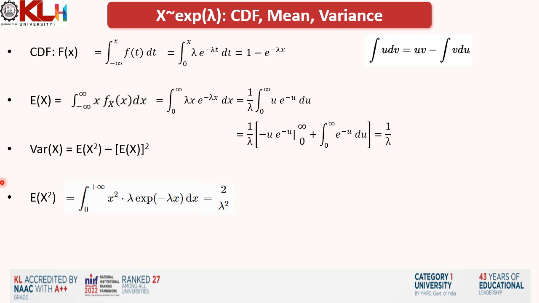I'm not showing the details of the calculation. The variance is calculated by subtracting the mean squared from the expectation of x squared, so 2 over lambda squared minus 1 over lambda squared results in a variance of 1 over lambda squared. So for an exponential random variable, the expected value is 1 over lambda and the variance is 1 over lambda squared.